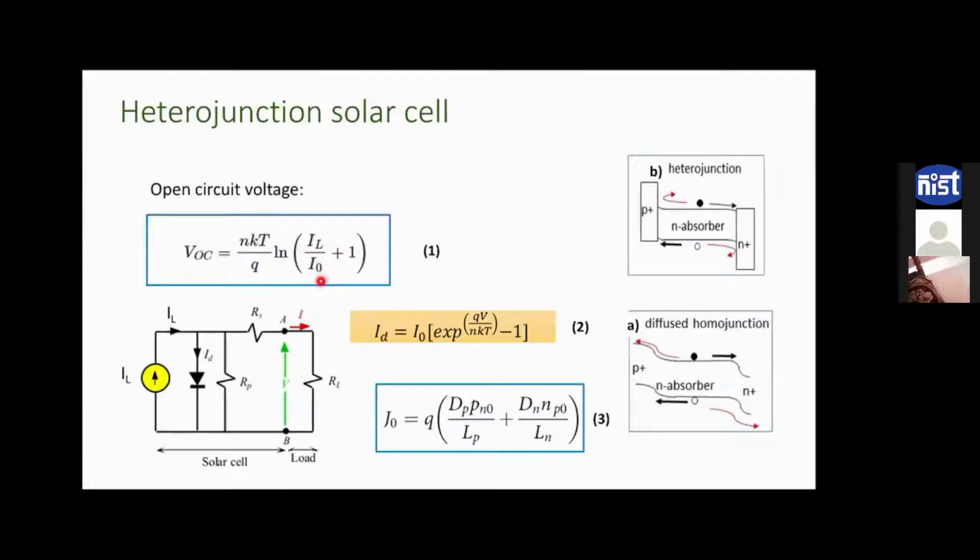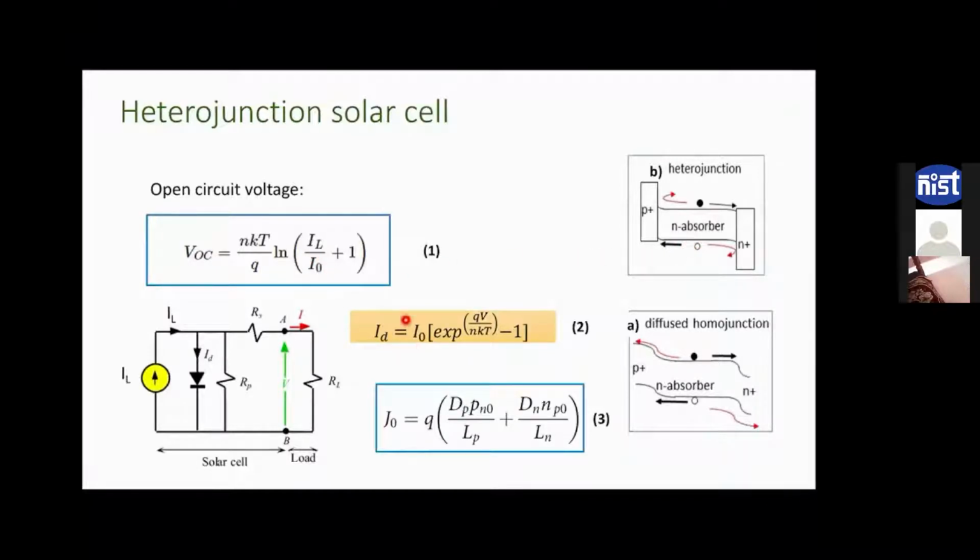What I am saying here is that if you can reduce the recombination or reduce the transport of these carriers towards the wrong side, if you can block the electrons from flowing to the hole transport side, and block the holes from flowing to the electron transport side, you are actually reducing this I0.